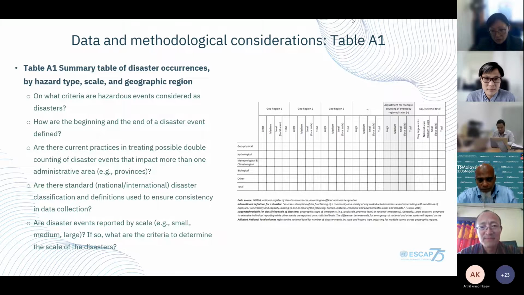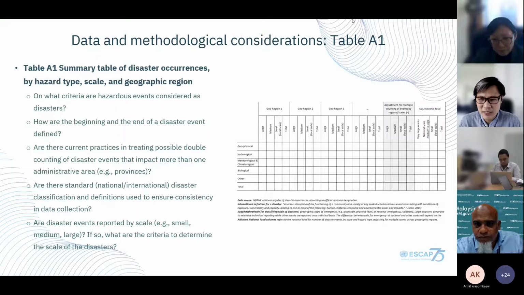Thank you so much. We have colleagues from Indonesia as well. In Indonesia, do you report disaster events by scale? Okay. Thank you, Terapong. I will share it later. Sorry, this is praying time in Indonesia. Maybe I will share later.